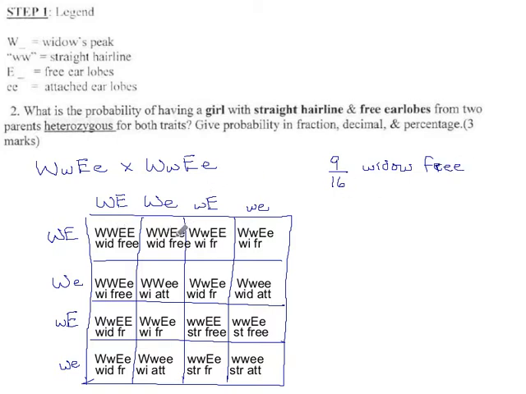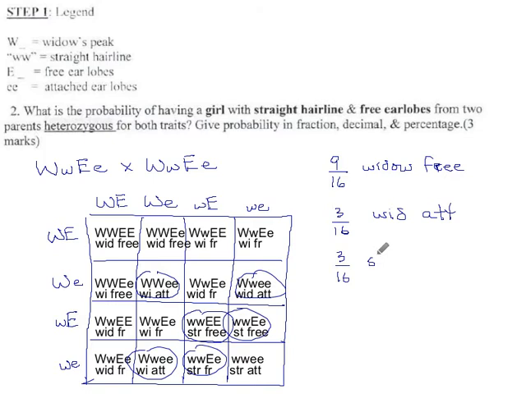Then we get, let's see, widow's attached happens 1, 2, 3 times. So 3/16 is widow's attached. 3 times we will get, let's see, what's the other one? Straight free. There they are. 3/16 straight free. And we get 1/16 straight attached.